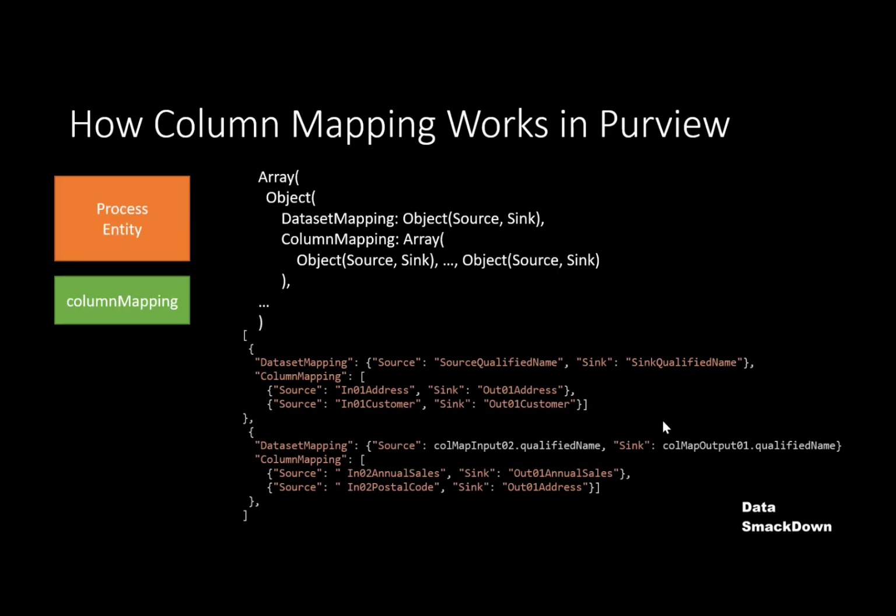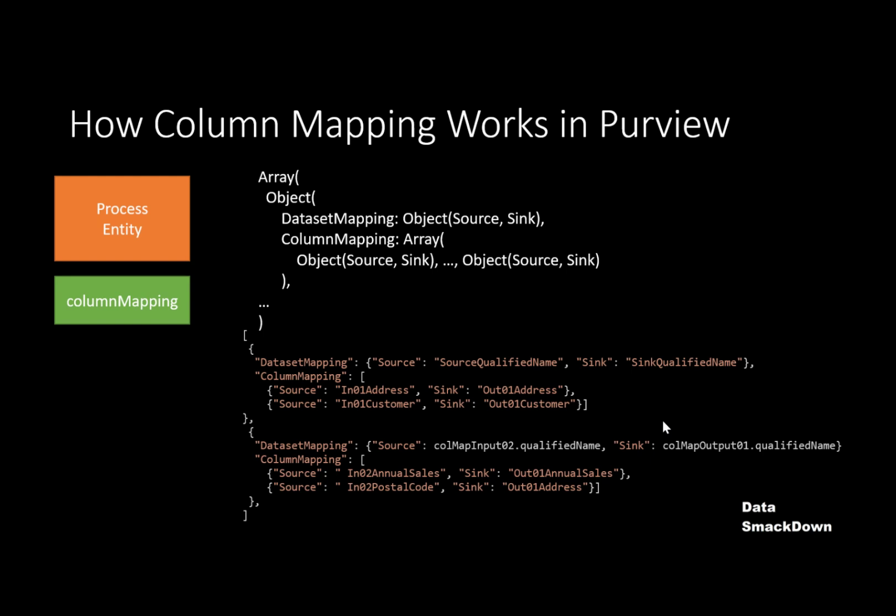The real crux of this column mapping is only in Purview. So this is again specific to Azure Purview. Azure Purview invented this concept specifically to create a feature in the user interface on the Lineage tab. The way column mapping works in Azure Purview is that a process entity type has a column mapping attribute. That column mapping is lowercase c, capital M, all one word.